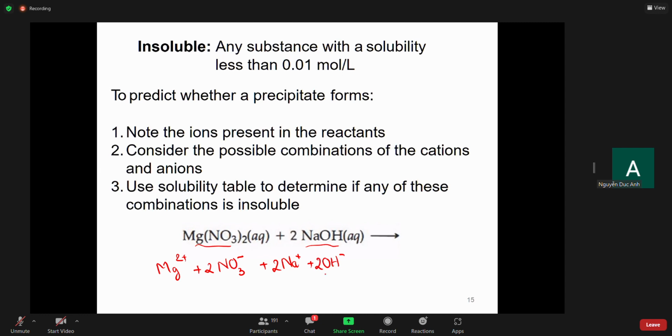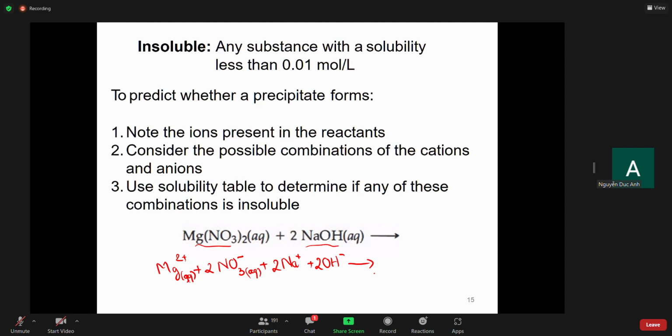Okay, so they are all the ions appearing in the system. Okay, so let's remember, write AQ in this one. Okay, let's continue for the other.